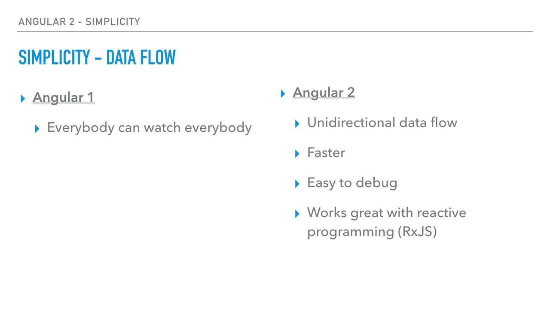But in Angular 2, they want to simplify this, and the direction of the data is unidirectional. So if you want to bind a change, it goes in a direction. If you want to set a value, it goes in another direction. This is faster, easy to debug, and works great with reactive programming, as we will see later in this masterclass.